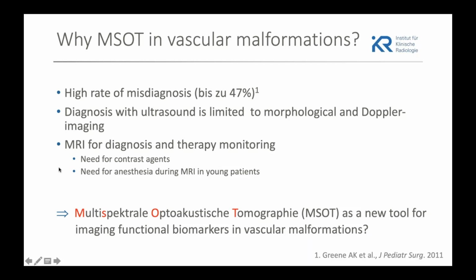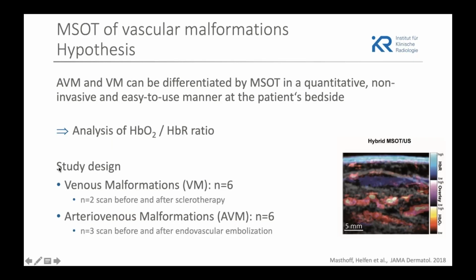So we thought MSOT might be a good option as an easy and real-time tool to assess the intrinsic biomarkers of the lesion itself to distinguish between AVMs and VMs. So in our study, we did go for 6 patients with VMs and 6 patients with AVMs, which is quite good if you think that this is a very rare disease.